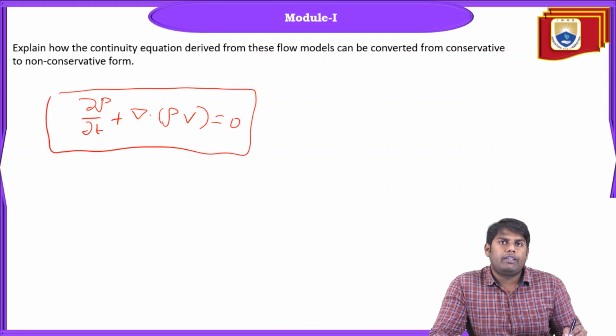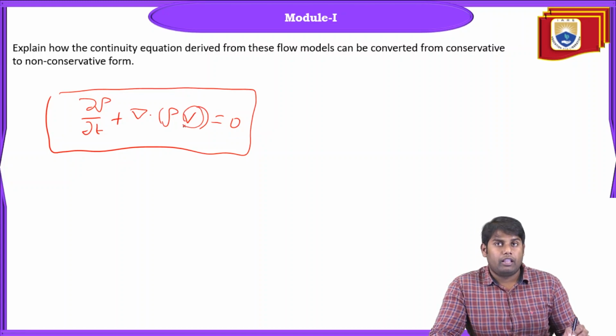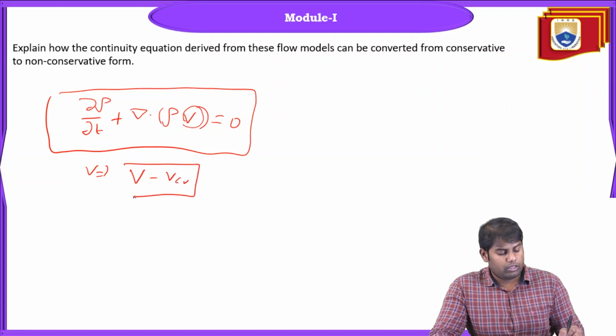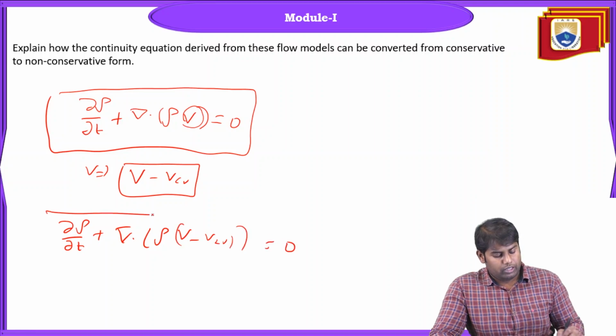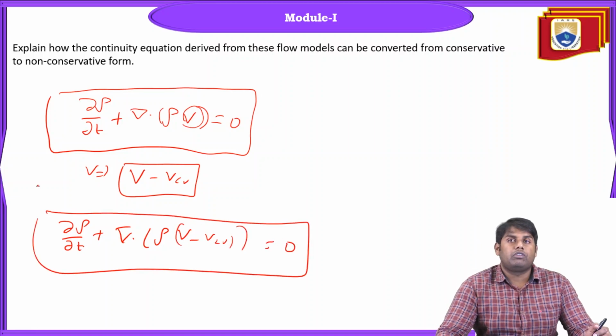So when you want to take the non-conservative form, what happens? This v will be equal to v minus v of cv. The relative velocity will change. So dou rho by dou t plus del dot rho into v minus vc equal to 0. So this is what we have in non-conservative form.